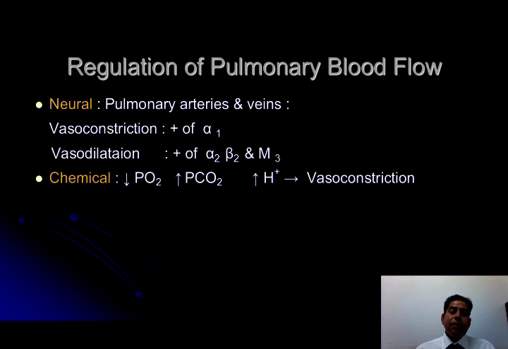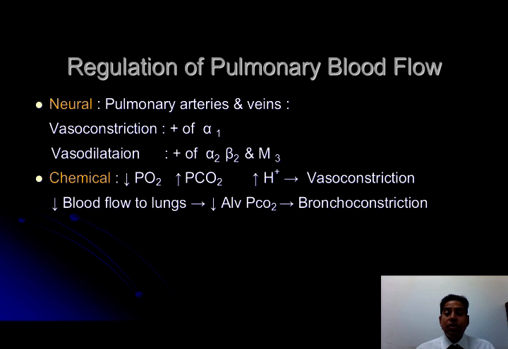The other mechanism is a chemical regulation, whereby any vasodilator, like a fall in the oxygen or hypoxia, a rise in the carbon dioxide, which is also called hypercarbia, or an increase in the hydrogen ion concentration, can cause vasoconstriction.